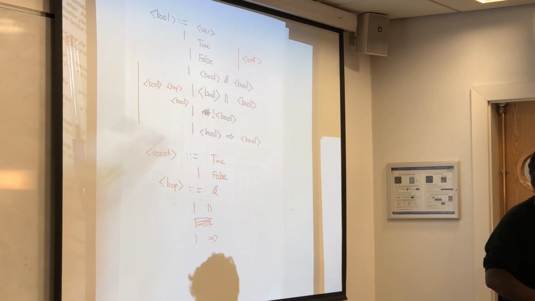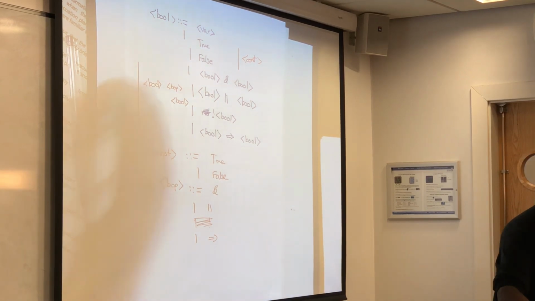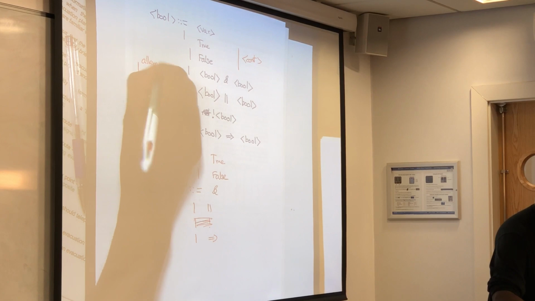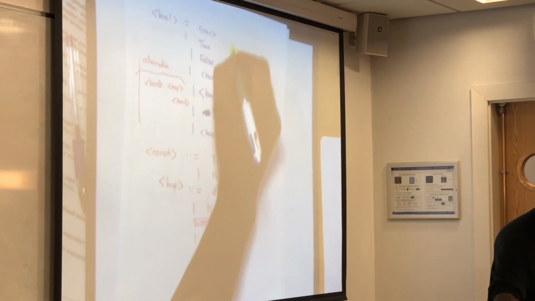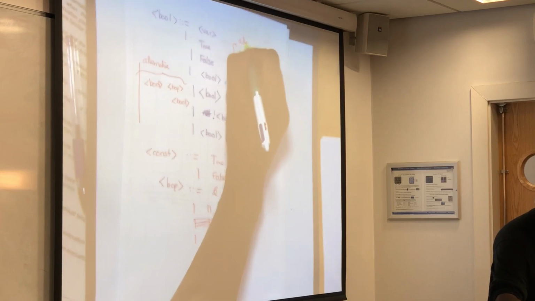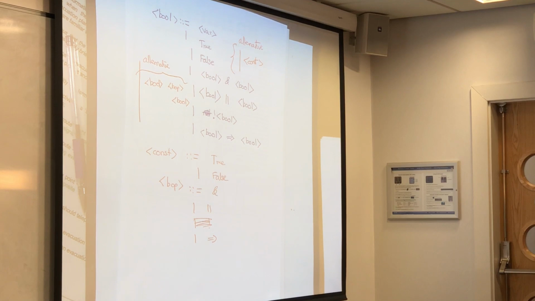And then I have to have not separately because it's not a binary operator. This is an alternative. And this is an alternative. Okay? Any more questions?